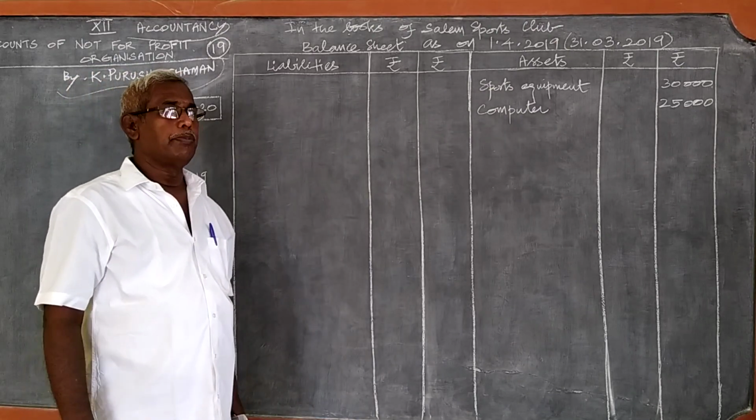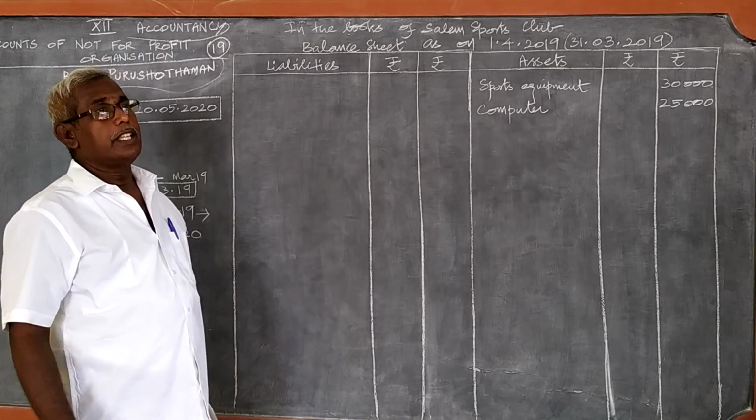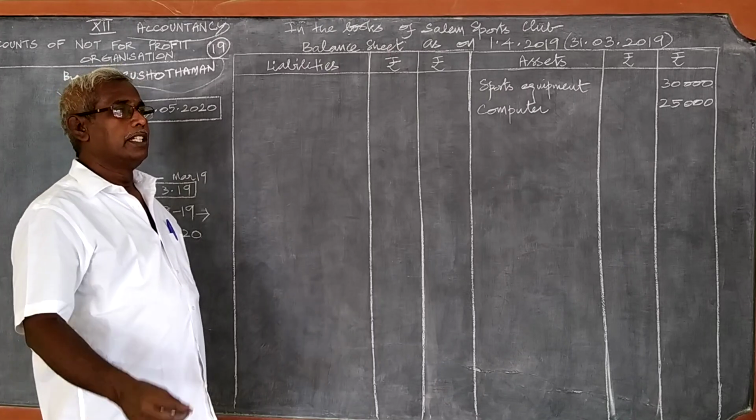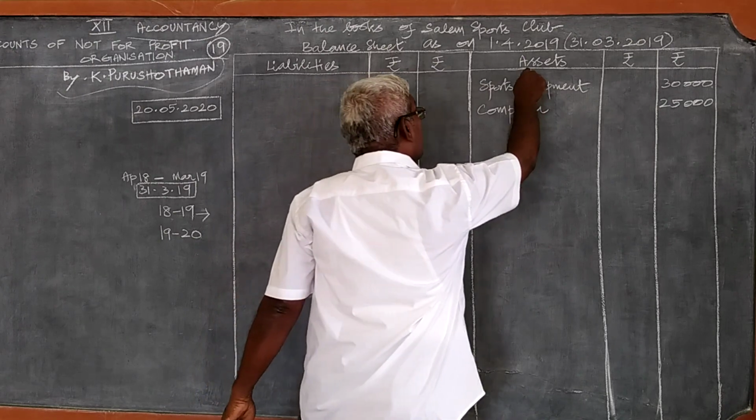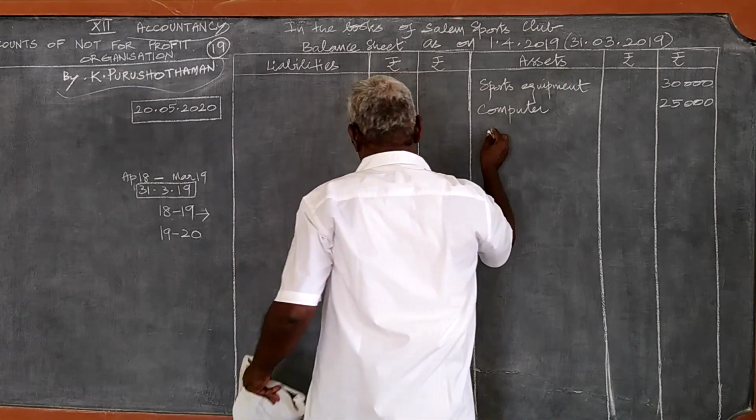Bearing this point in mind, the third item given in the tabular column is subscription outstanding for 18-19. Subscription outstanding, that is outstanding subscription. It is income outstanding. Income outstanding should appear on the asset side.